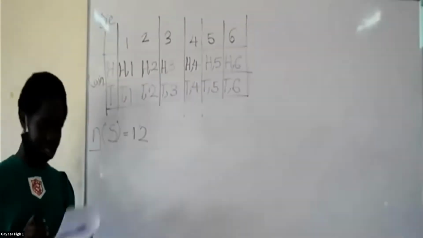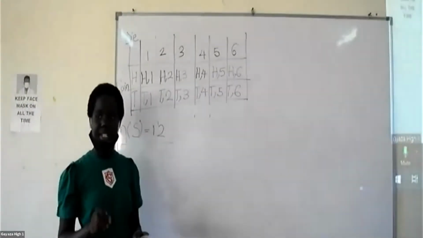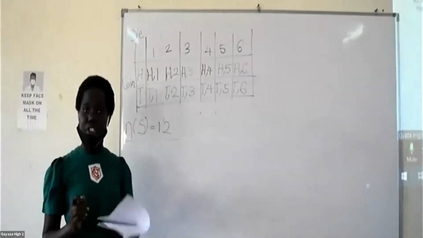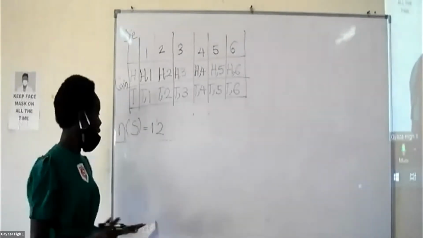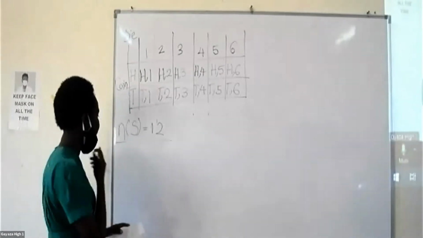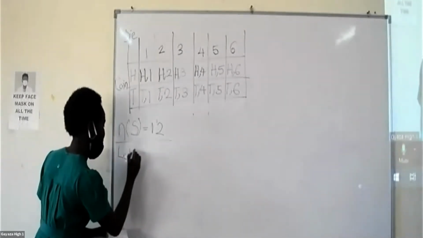The second part of the question says, what is the probability that a head and triangular number shall show up? So we shall start by showing the examiner what he's supposed to do.